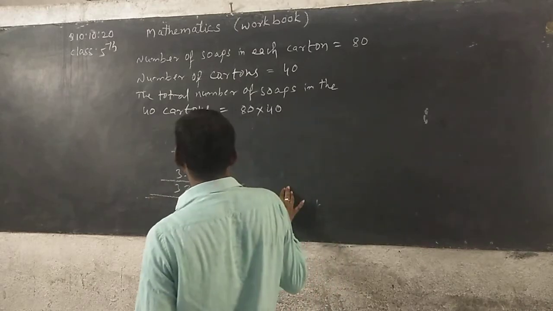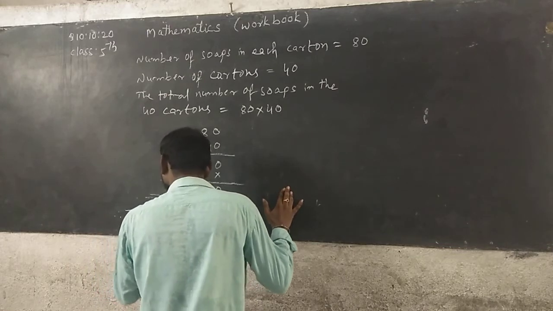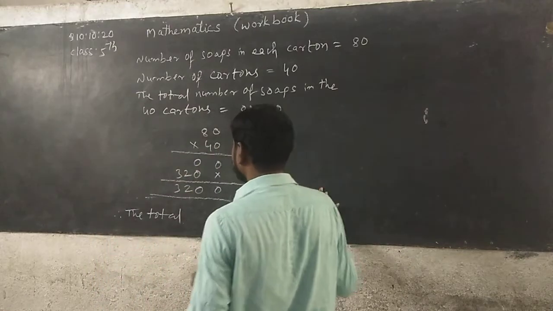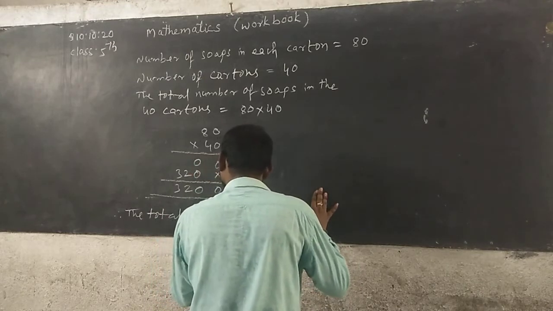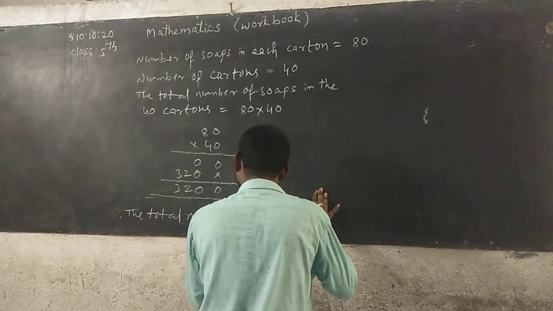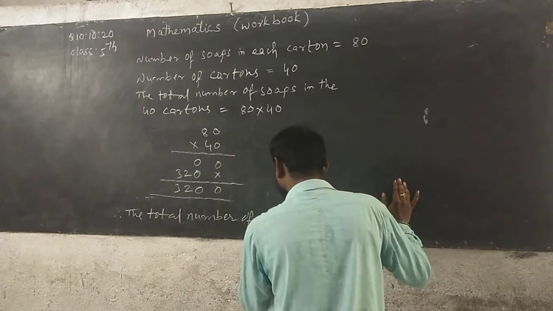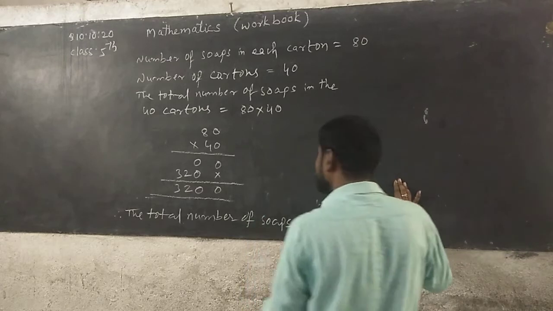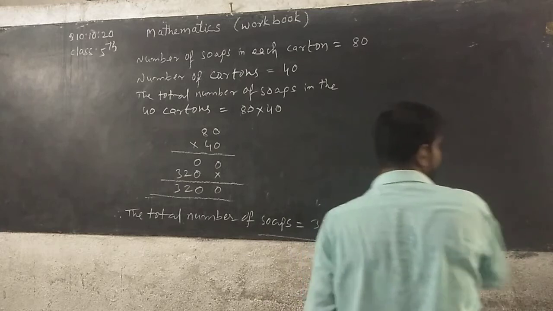The total number of soaps is equal to 3200.